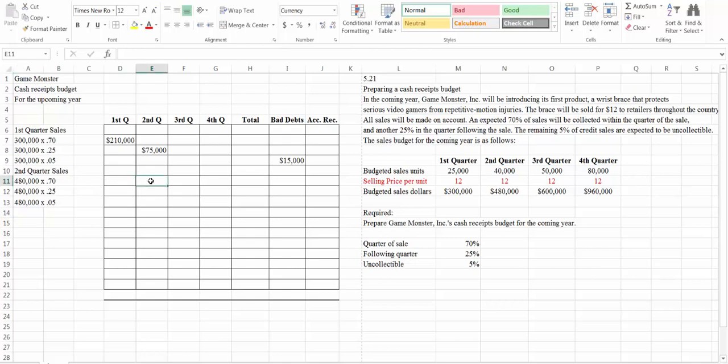So they're going to be collected 70% in the second quarter. So this is going to be second quarter sales times 70%. The rest of our second quarter sales will be collected in the third quarter. So this is going to be our second quarter sales times the 25%. And finally, our uncollectible is going to be our sales times 5%.